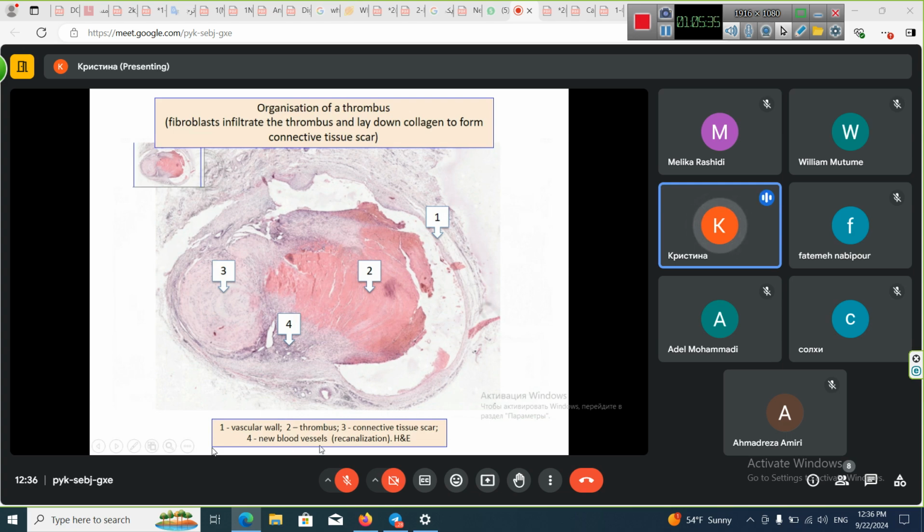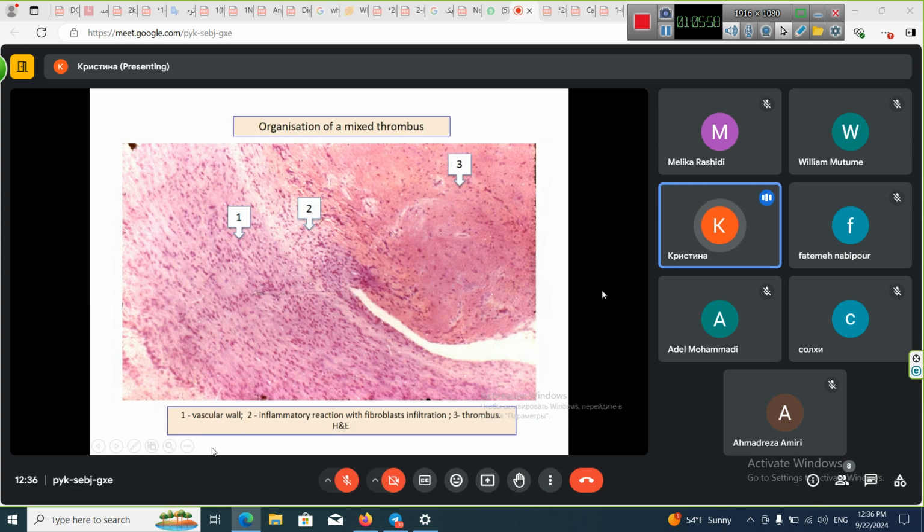So new blood vessels, revascularization, recanalization are a good outcome of the thrombosis. They allow blood still to flow through these large blood vessels, through the area filled with the thrombus.